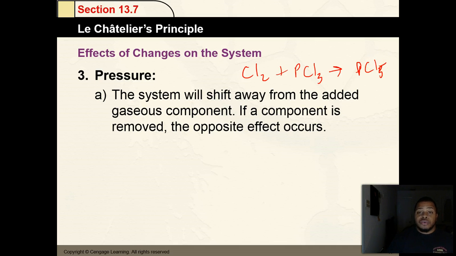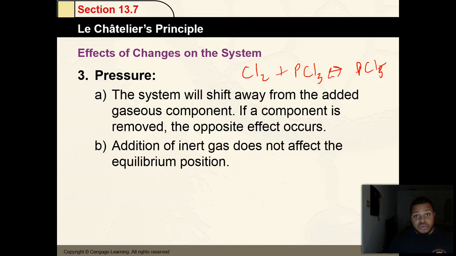If I increase the pressure, I believe this is, yeah, we're balanced. If I increase the pressure, it's going to shift away from the added gaseous component. That could be by concentration. If I increase the amount of PCl5, it's going to shift back towards our reactants, just as we talked about before. If I remove it, same things we talked about.